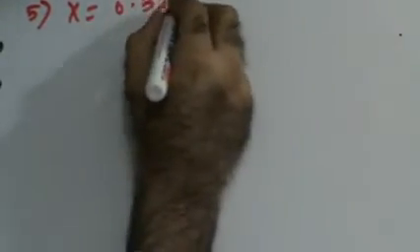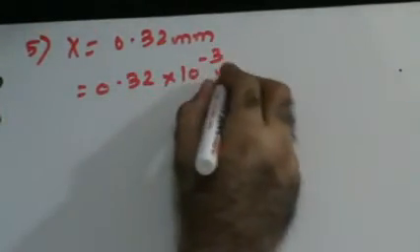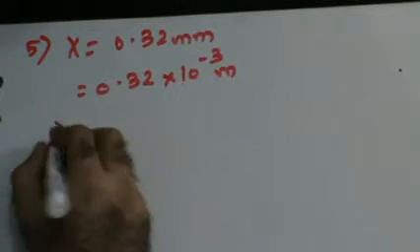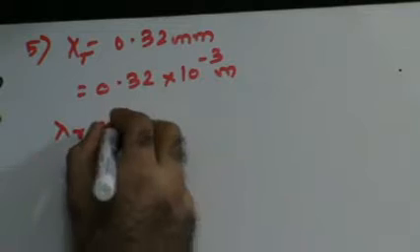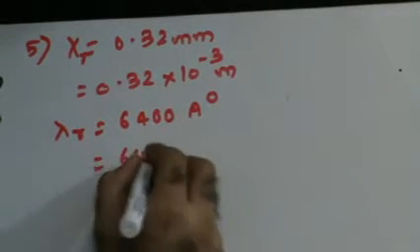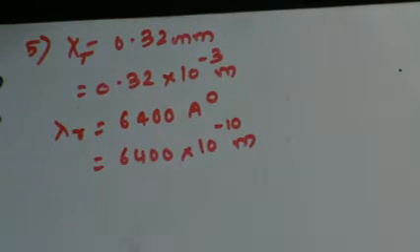Take our next sum, please. The distance between two consecutive bright bands is 0.32 millimeters when red light of wavelength 6400 Angstrom units is used.